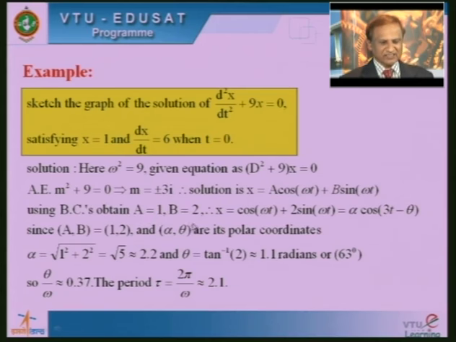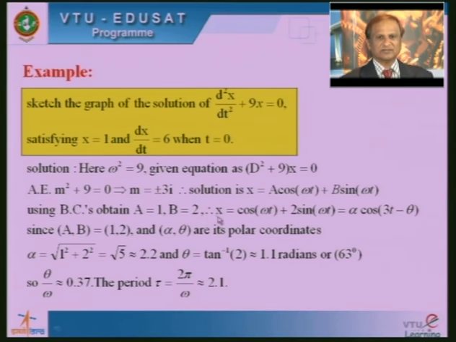Now, in exactly the similar way, we want to obtain the value of b. How are we going to obtain it? They have given one more condition, dx by dt is equal to 6 when t is equal to 0. Using this boundary condition, I can obtain the value of b. You can find the derivative of this equation, then substitute these values and simplify.